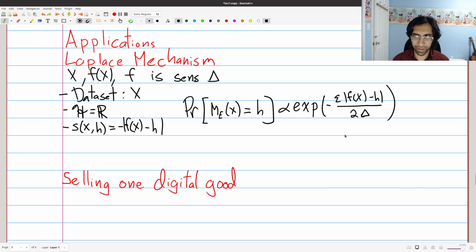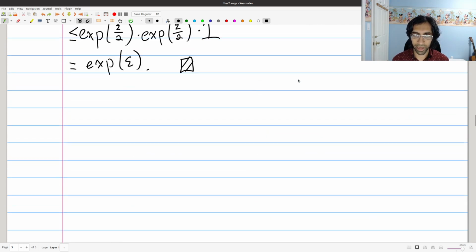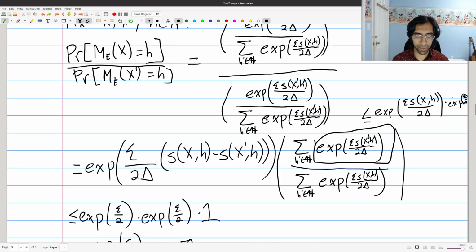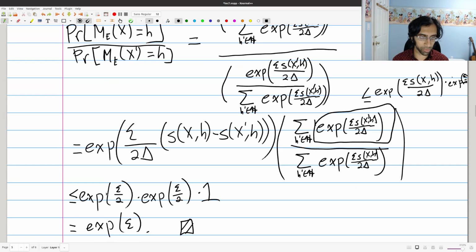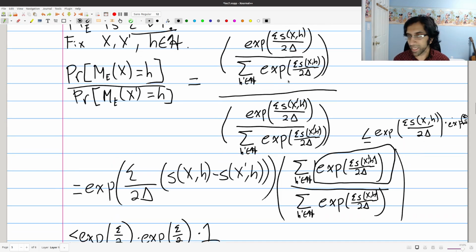Well, the reason is the following. The reason it appears is if you take a look at the privacy proof, recall that there were two components in the privacy proof. We paid epsilon over 2 for the numerator and epsilon over 2 for the denominator. So the epsilon over 2 for the numerator still stays there, but the epsilon over 2 for the denominator doesn't actually apply here. The reason is because in general, you can have the normalization change when you change the data set on one point.